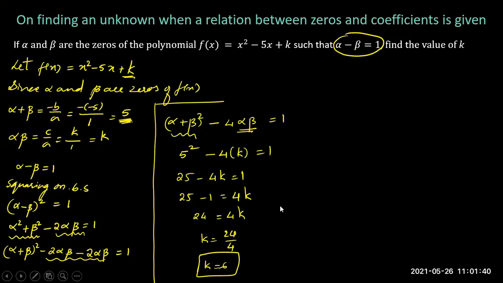Sir, why did you take 2 alpha beta again? This alpha square plus beta square means what? Wait a second, I'll explain.